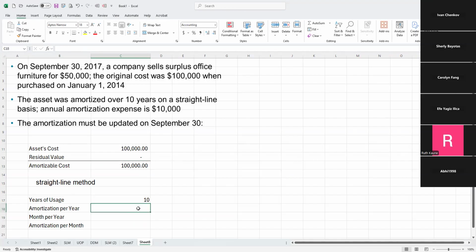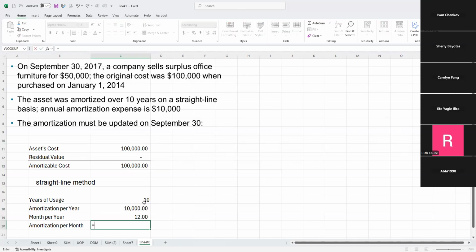It's going to be 10,000. How many months does the year have? 12. How much is it per month? 10,000 divided by 12. 833.33, correct?